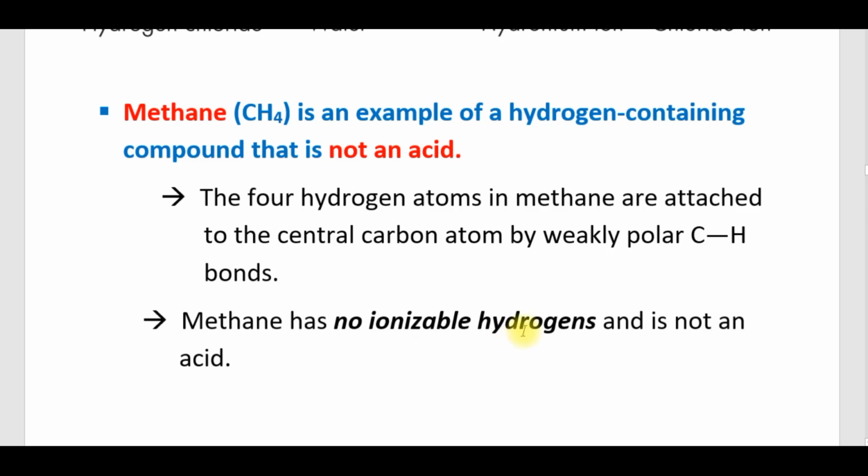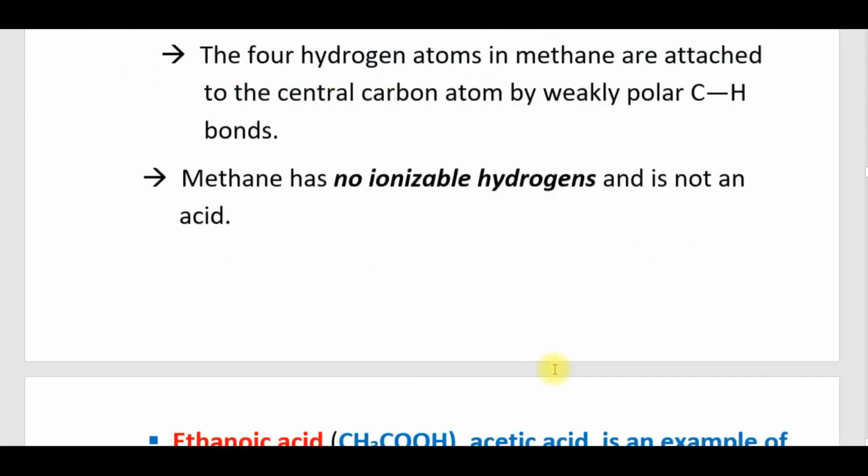Methane has no ionizable hydrogen and is not an acid. A compound has an ionizable hydrogen only if it is connected to a highly electronegative element. In methane, the carbon is connected to hydrogen and the bond is weakly polar. Therefore, methane has no ionizable hydrogen and cannot be represented as an acid.